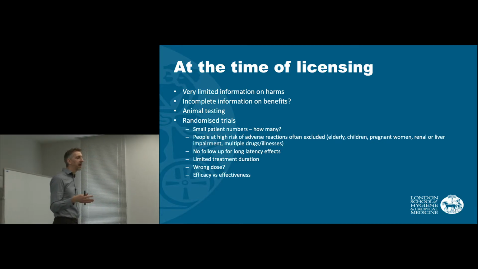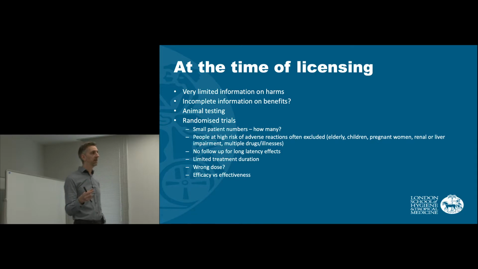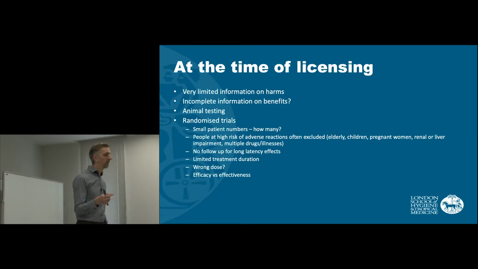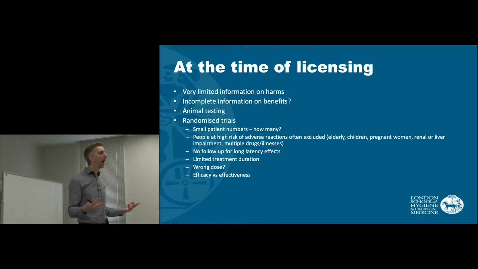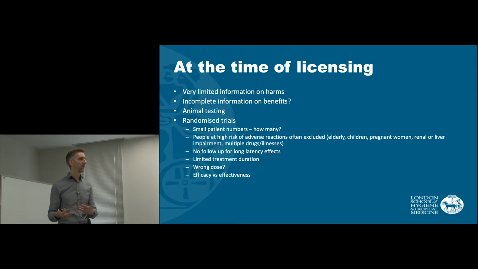I would say that we also tend to have incomplete information on the expected benefits of a treatment. So animal testing has much improved. We now have to test on more than one species, and we know now much more about how to interpret these results, how to do the testing to try to preempt the problems of thalidomide.